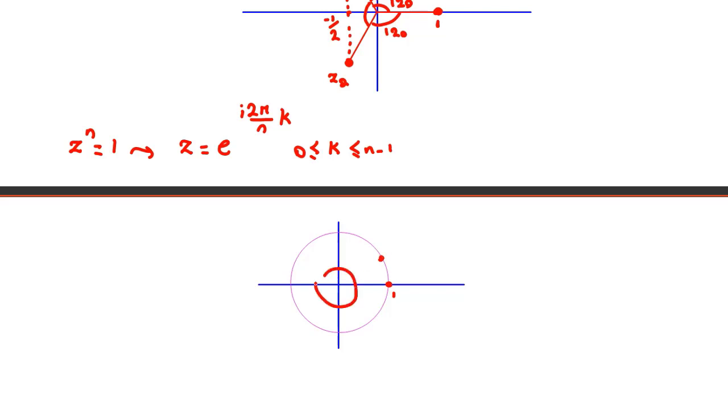The next ones divide the 2 pi into n parts. The first one is e to the i 2 pi over n. The next one is e to the i 4 pi over n. And the last one is e to the i 2 pi over n times n minus 1. For this one it is e to the i 2 pi over n times 0.